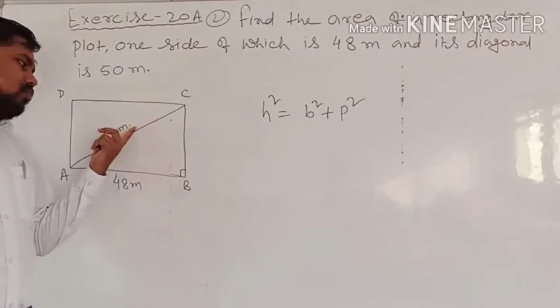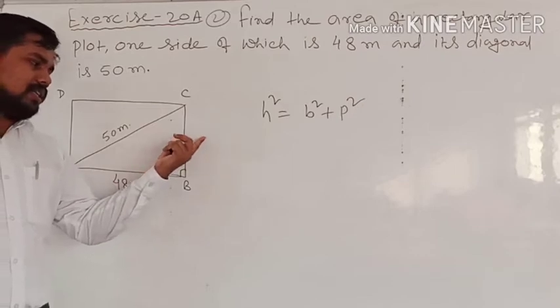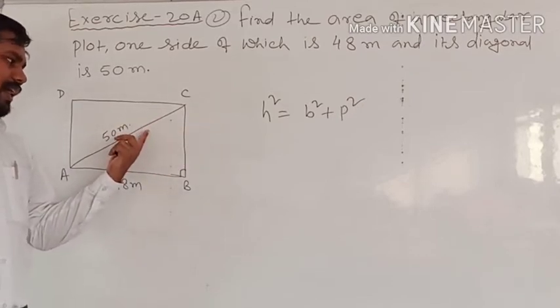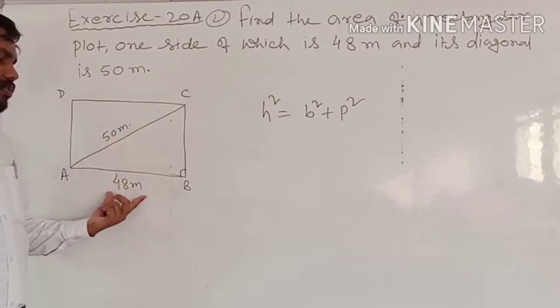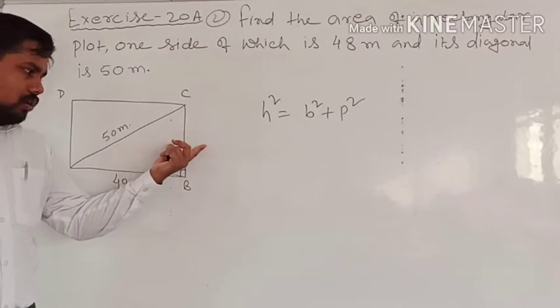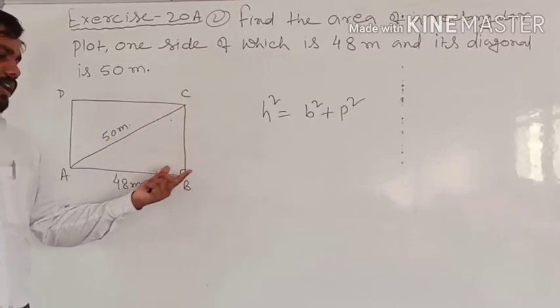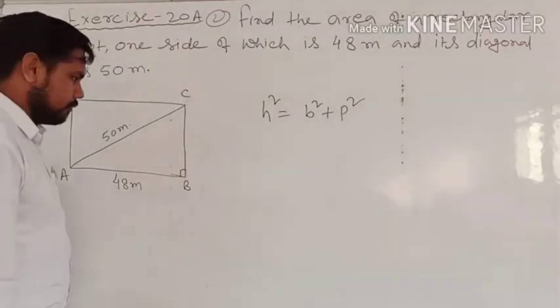So the square of the hypotenuse is equal to the sum of the square of the base and the square of the perpendicular. This we know from the Pythagoras theorem.